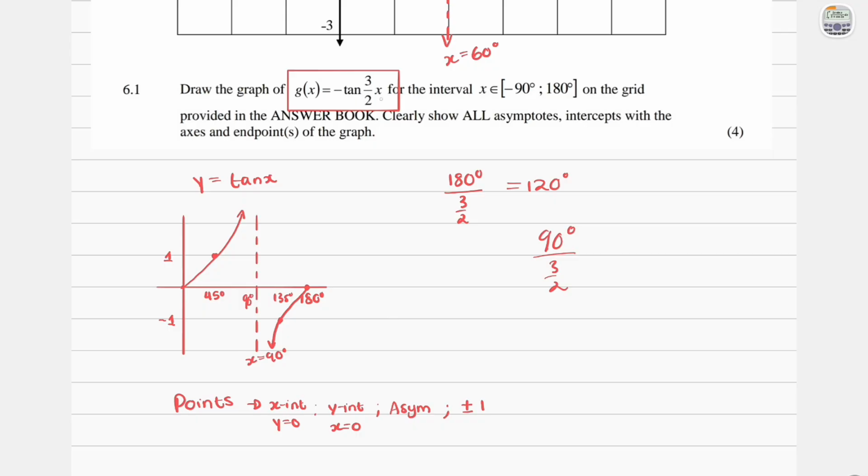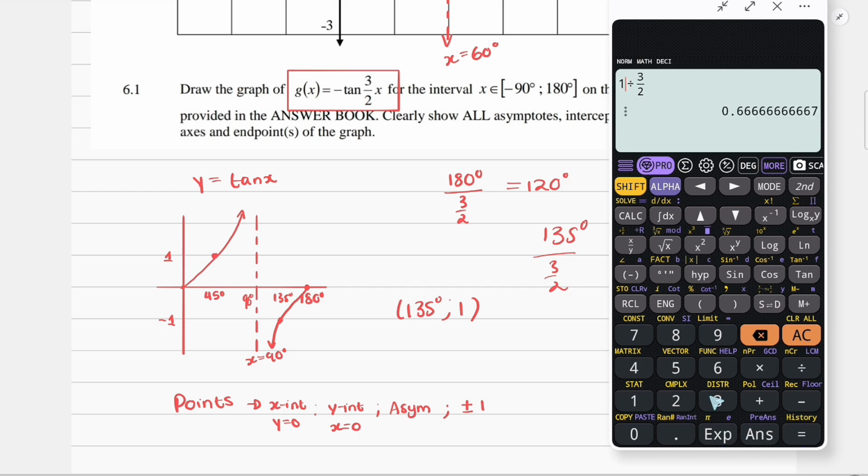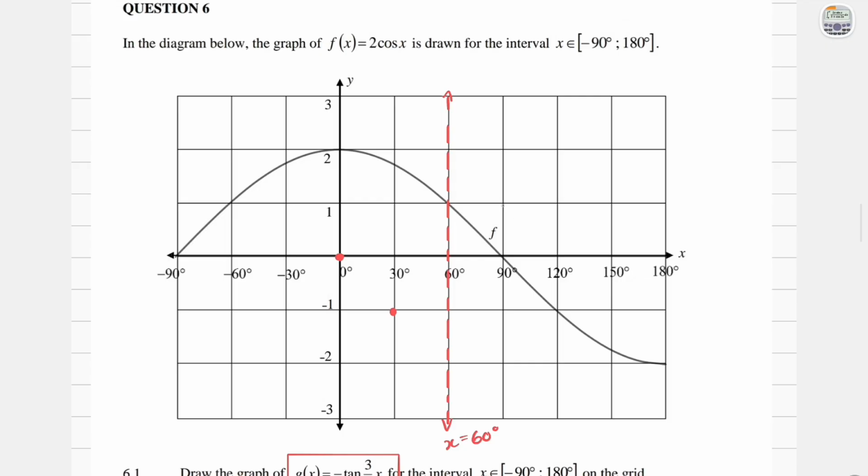But remember that this has 3 over 2 in front of it. So what should have been 135 degrees and +1, this is going to change. And to find out what exactly this x value is, since the period has been tampered with, we're going to just say 135 degrees divided by 3 over 2. Okay, if we say 135 divided by 3 over 2, we get 90. So that is where that y value of 1 will be, at 90 degrees.